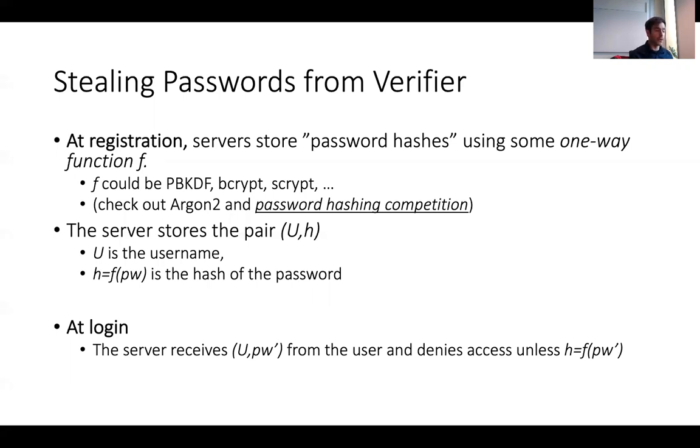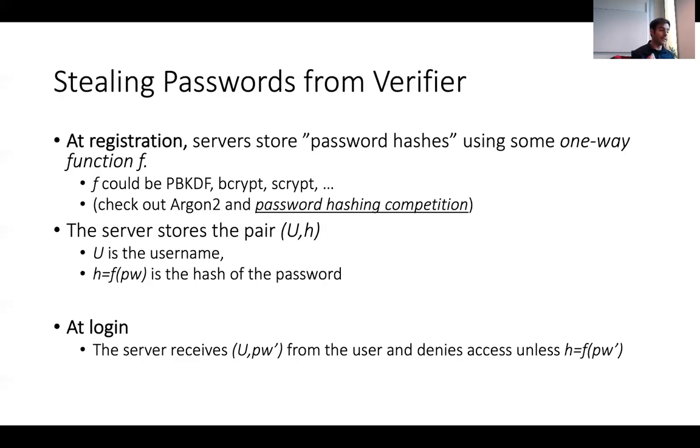But remember, the idea of a hash function is a function that takes an input of any size and hashes it down to an output of fixed size. It's easy to compute in the forward way: given the password, it's easy to compute the hash of the password, but it's hard to invert. That is why it's called a one-way function, meaning that given the output of the function on a random input, it's hard to go back.